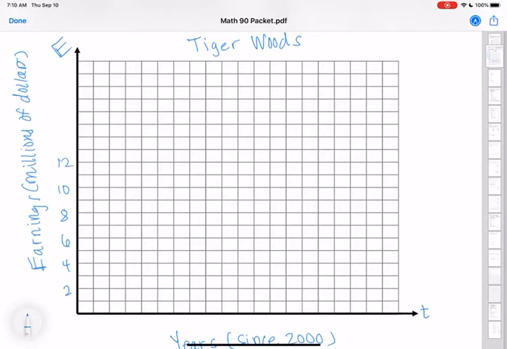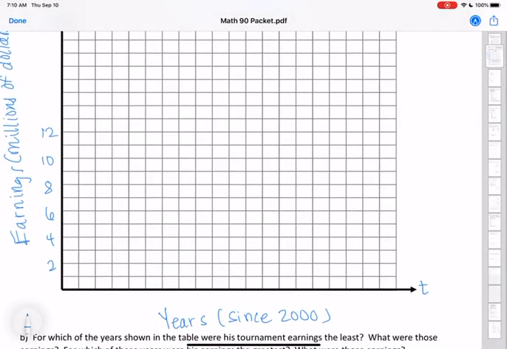Now across the bottom, I'm going to show you something. If you don't like this, don't worry about it. It's called a break. What that means is our years are since 2000, but if you notice in the chart, the data doesn't even start until 2006. So if you want, you can put in a little squiggly. It just goes up, down, back up, and it can only happen right at the axis.